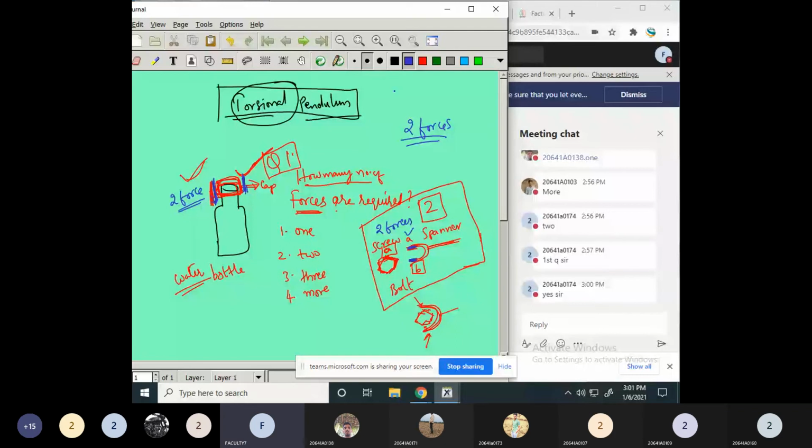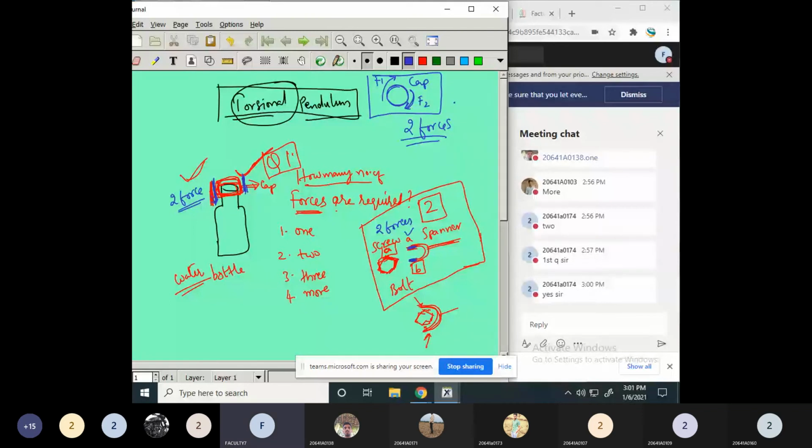If this is the cap here, you are going to rotate the cap like this, to remove or place the cap. For rotation, consider F1 and F2. The requirement is 2 different forces.